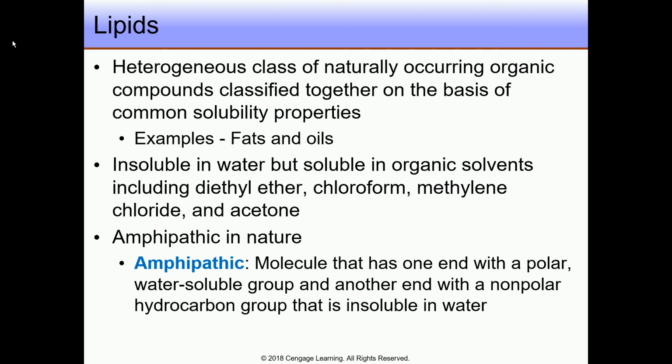Lipids are a little different from the other biomolecules in that they are not polymers. They are made of some components, but not of repetitive subunits. They are basically a class of organic compounds, and they include fats and oils.